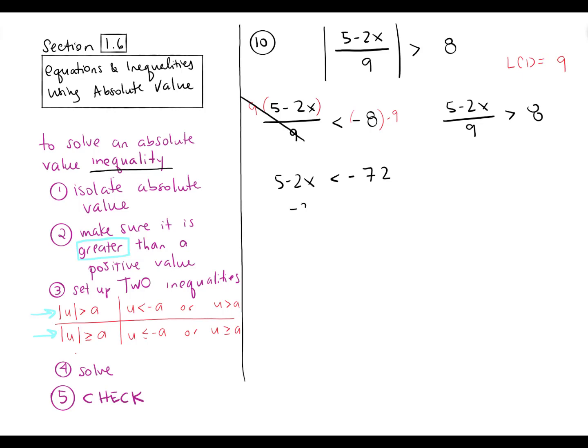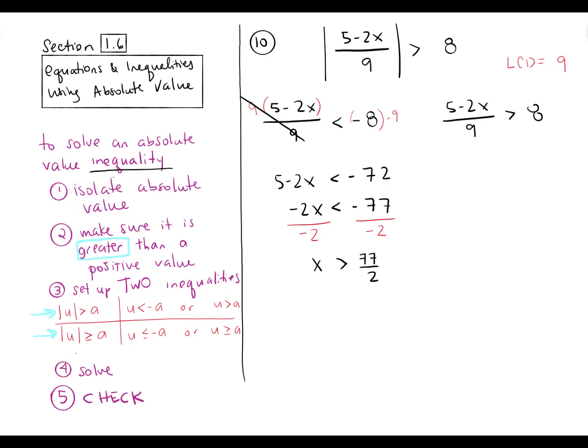I'm going to subtract 5 from both sides, and then I'm going to divide by negative 2. What happens when I divide by negative? Well, the symbol switches direction. So that's my first part.